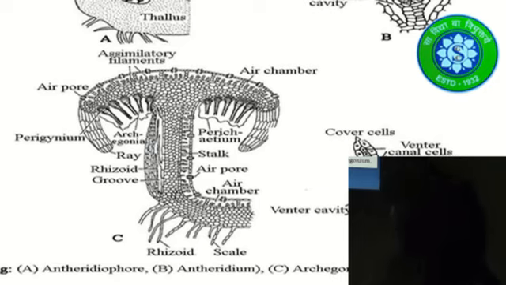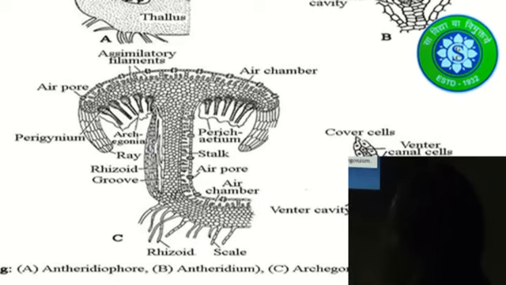In picture number 3, this is the female sex organ, that is the archegonia of Marchantia. Here, the female reproductive organ, that is the archegonia, looks flask-like and hangs from the upper portion of the thallus.